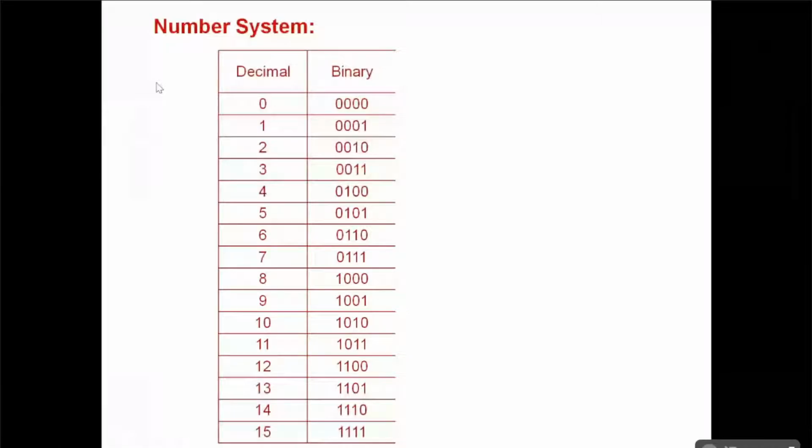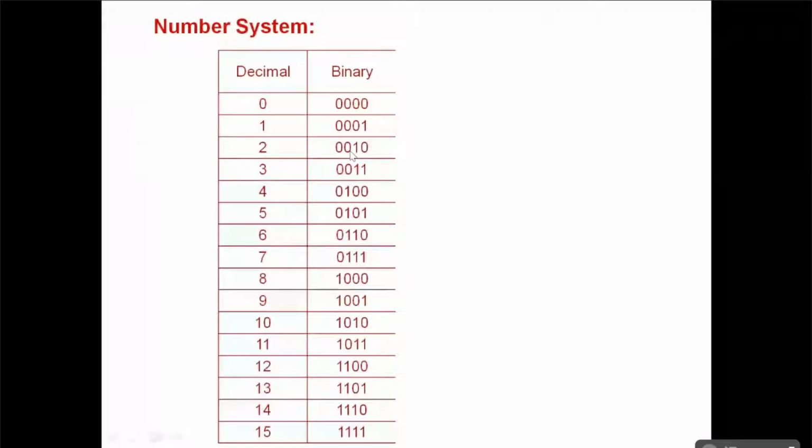Its place value is 2 power 0. Here we have 2 power 0, 2 power 1, 2 power 2 and 2 power 3. 2 power 0 means anything power 0 is 1, so 1 into 0 is 0. Then plus 1 into 2 power 1 is 2. The others are 0. So 0010 is the representation of the digit 2. Similar to this, we can represent any number using zeros and ones.